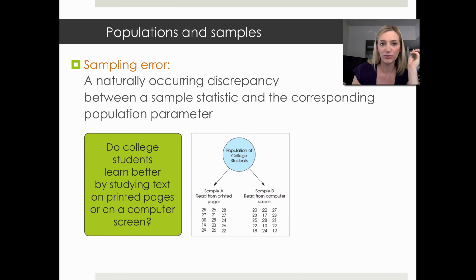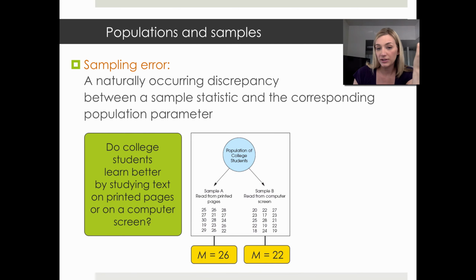That's what these numbers represent. The 25, 26, 28, those are the number of details they remember. Let's say that the participants who read the hard copies remembered an average, hence that M means mean, which is an average, of 26 details, whereas the sample of 15 participants who read from the computer screen remembered an average of 22 details.